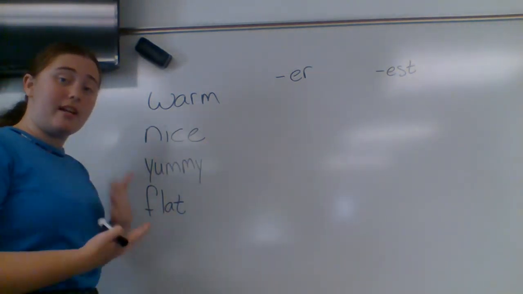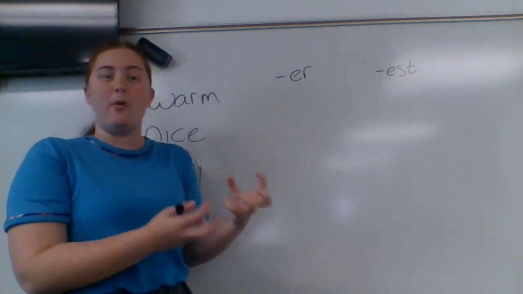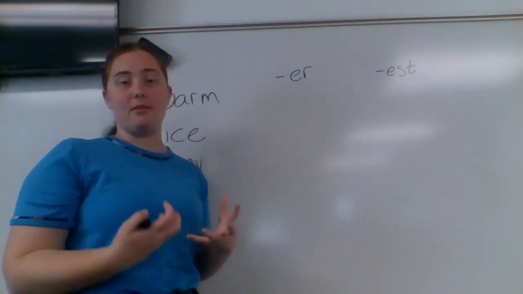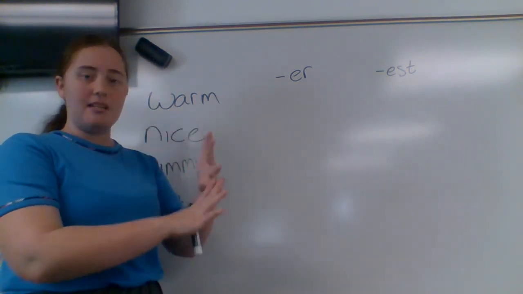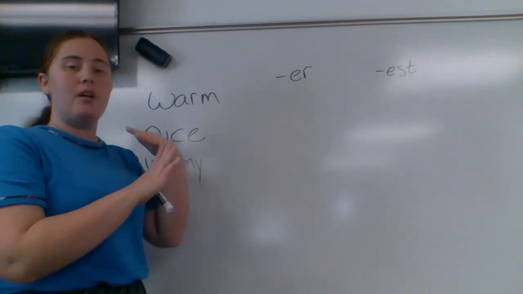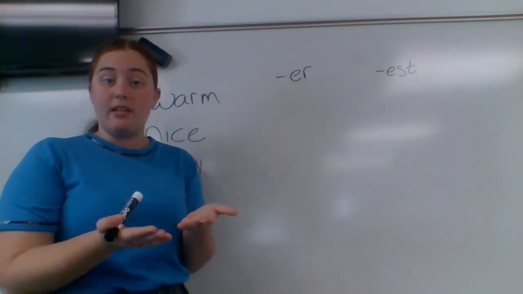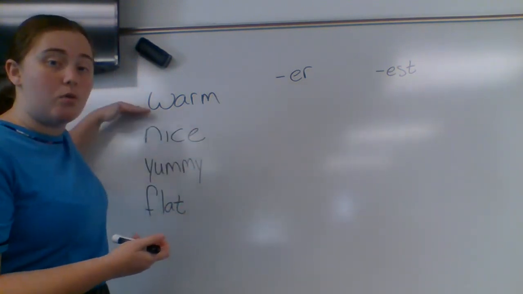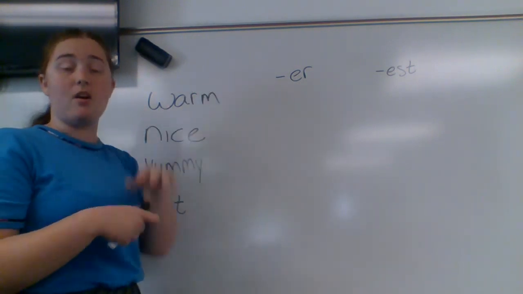These are the ones that are in your book, and I wanted to go over them on the board so that we're going over it and practicing it all at the same time. So let's look at the word warm. If I'm comparing 2 or more things to see which one is more warm, I'm going to say warmer. So it's just the word warm with an ER at the end.